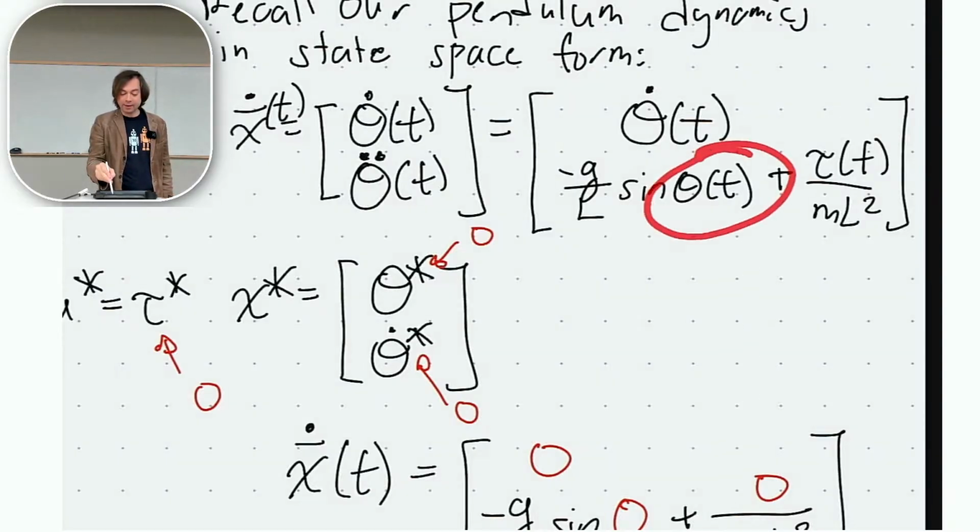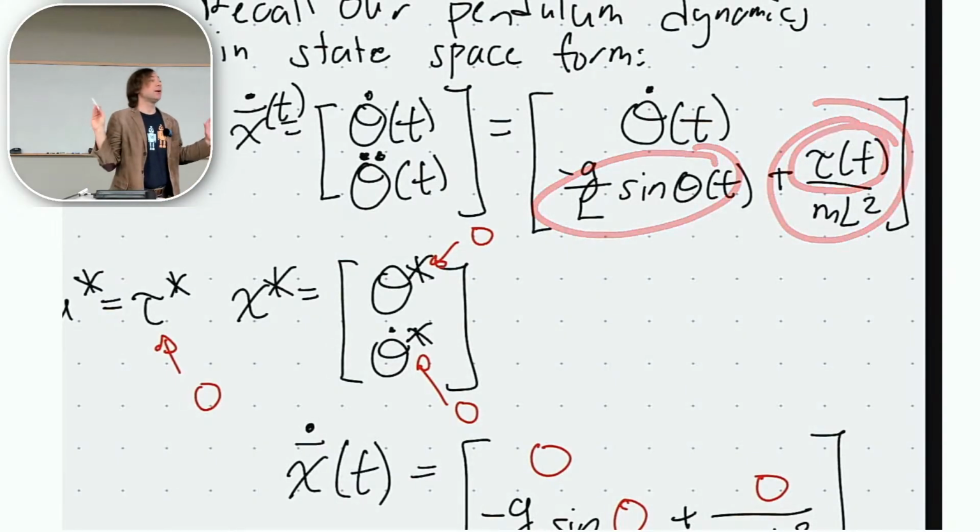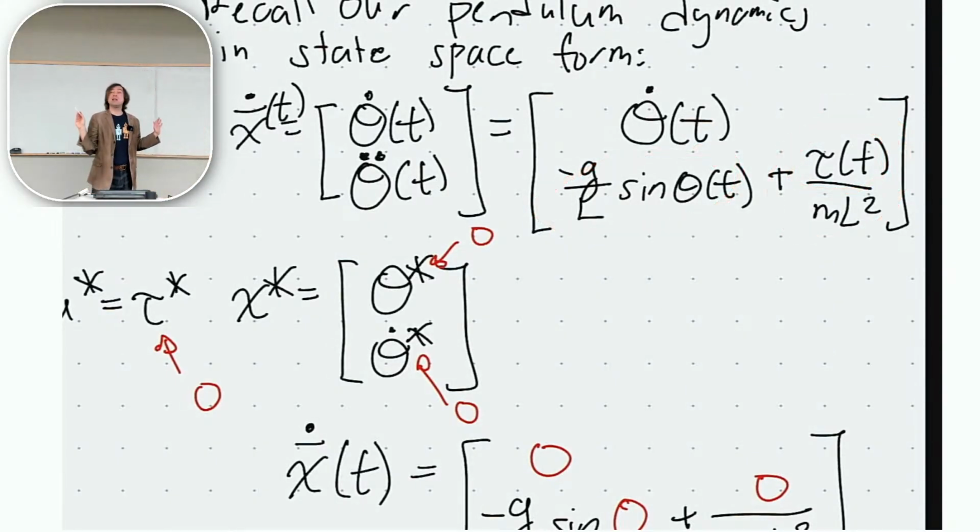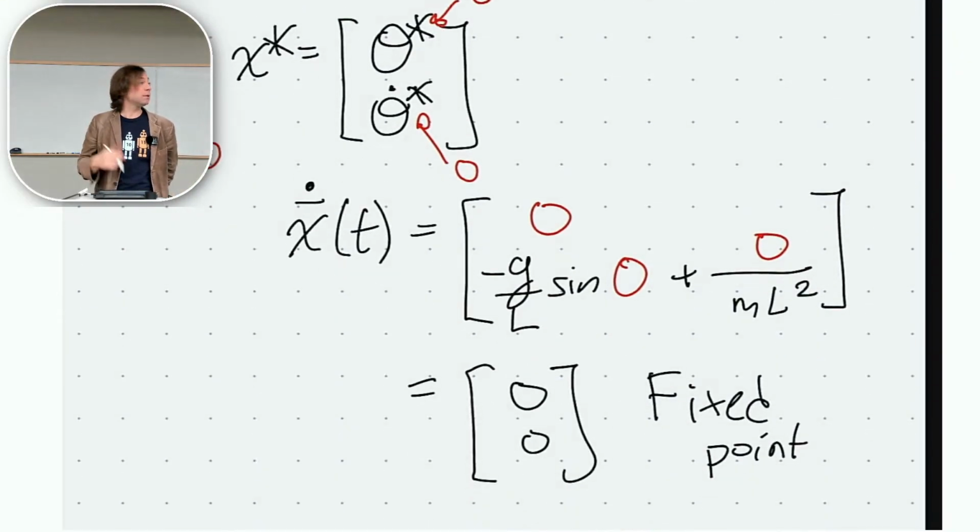We could choose that angle right there, but then we choose a torque that makes these two terms equal and opposite, right? Then that's now a fixed point too. The only difference is that our tau of t is not 0. Okay? Neat, right?